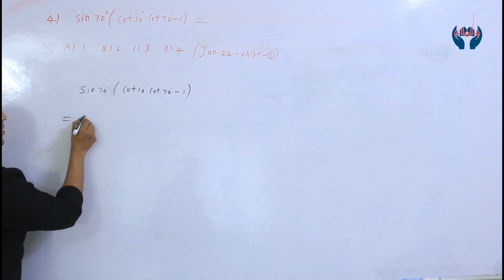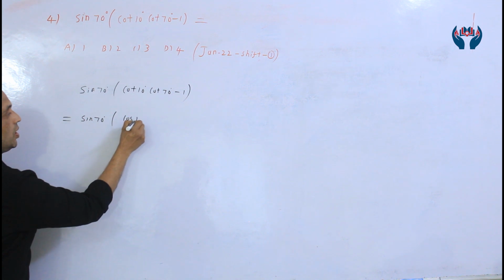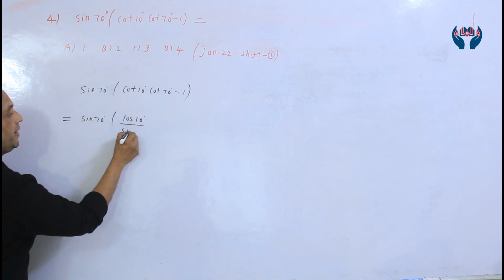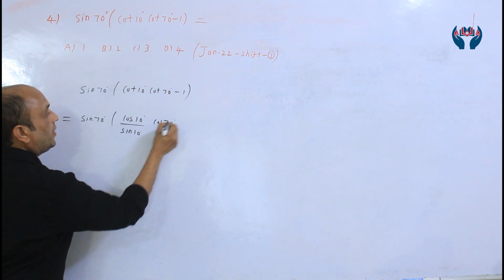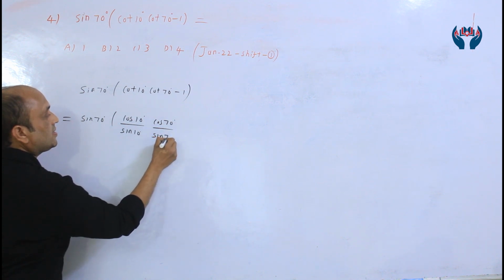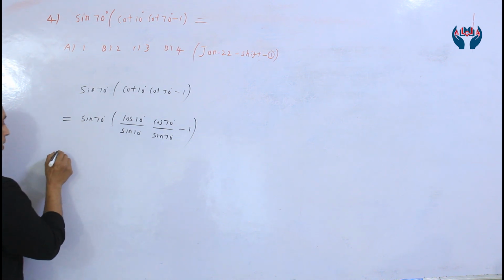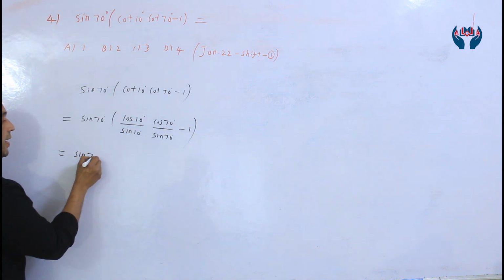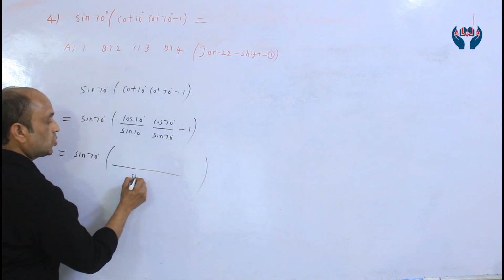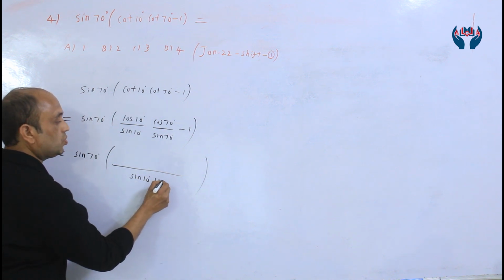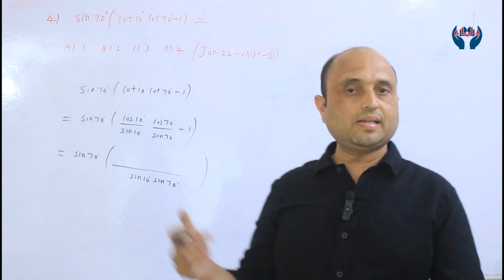So now express this: sin 70 degrees times (cot 10 is cos 10 by sin 10, cot 70 is cos 70 by sin 70, minus 1). We take the LCM: sin 10 into sin 70 is the LCM.